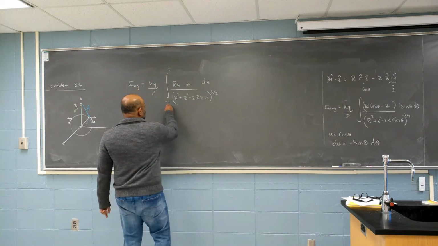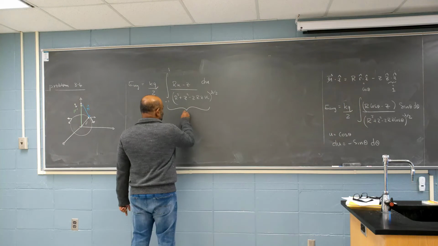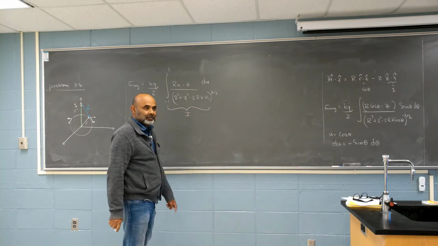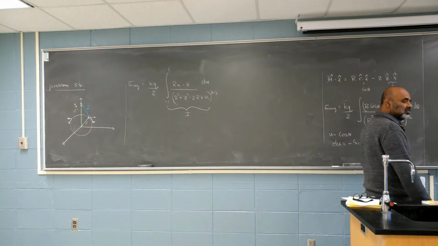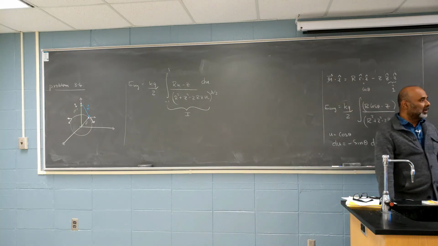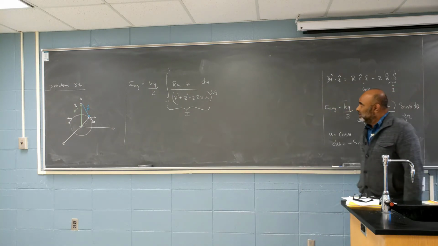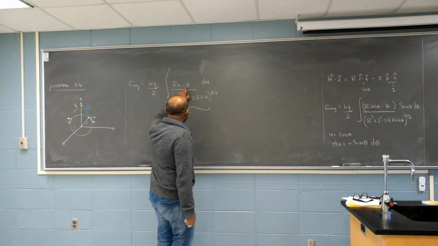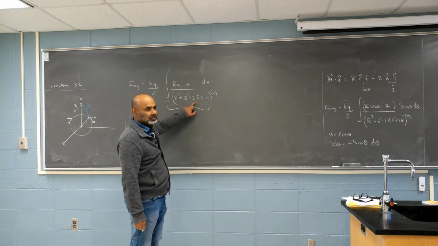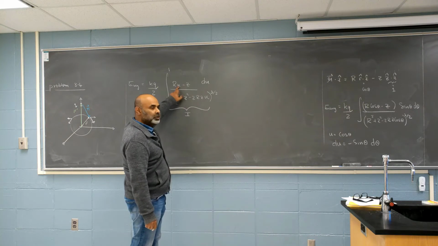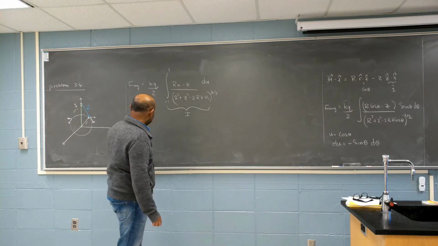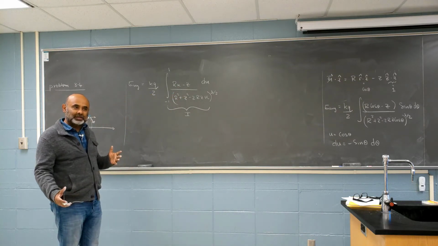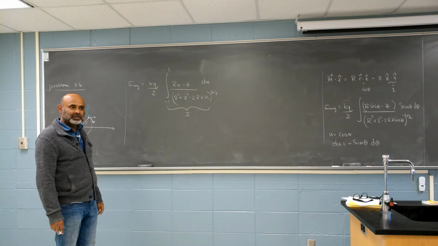I'm going to call this integral I. It's just a matter of calculating the integral at this point. This guy is easy to solve. We'll do it. It's this u that creates a problem. So I want to get rid of this u. So partial fractions. Who has seen partial fractions?